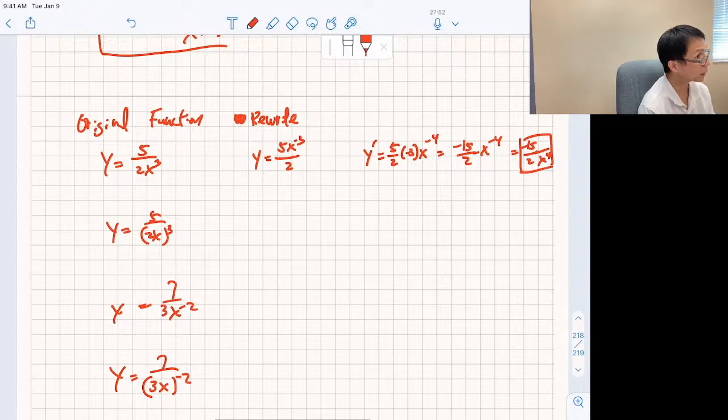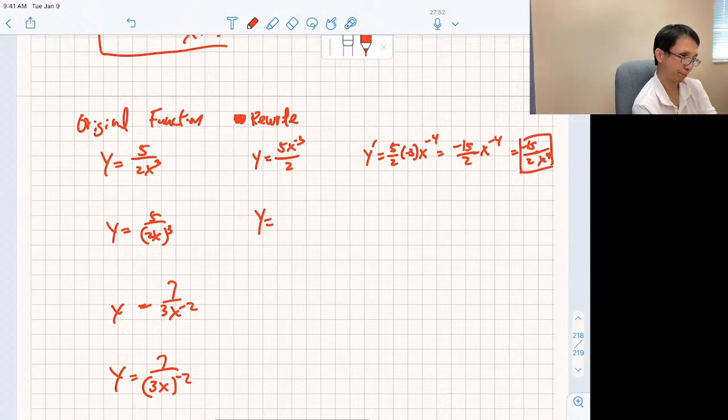How do I rewrite the second one? Be careful. What's the difference between this one and the last one? Parentheses. How does that affect it in this case? If I rewrite, what am I going to get as opposed to 5x to the negative 3 over 2?